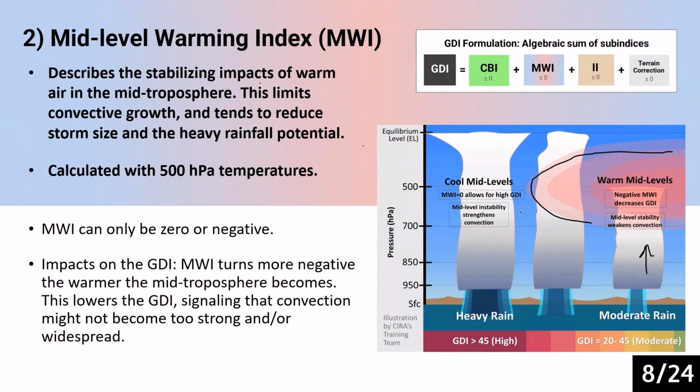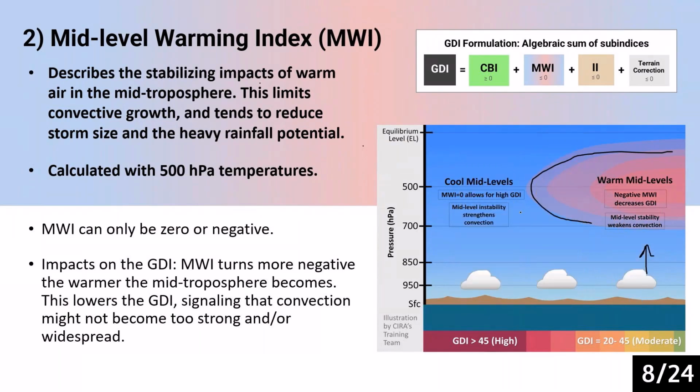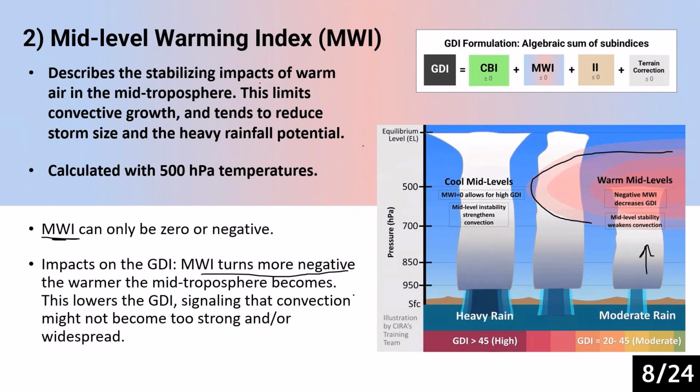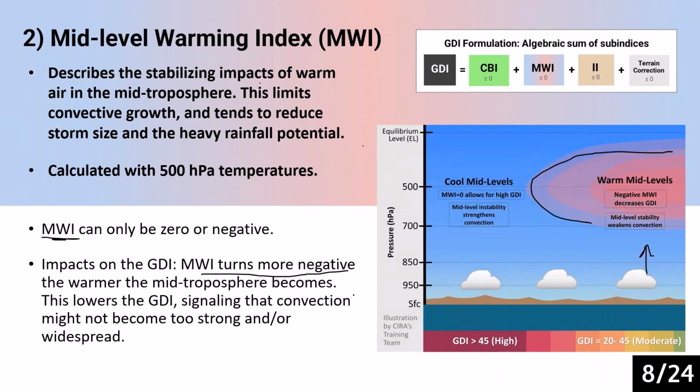So the warmer the mid levels, the more negative MWI becomes, and then that makes the GDI lower. So the impacts of the MWI, if you have very warm mid levels, are limiting the strength of convection and also the coverage of convection.